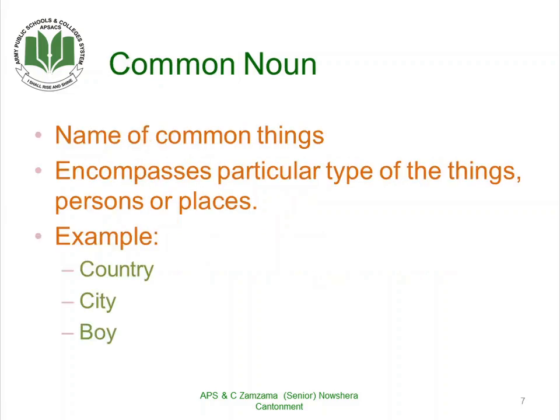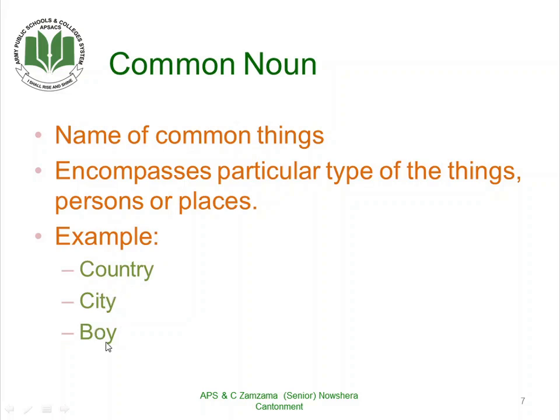Now come towards the common noun, the second one. It is just the name of very common things all around us. It encompasses a particular type of things, persons or places. For example, country. Now it's not specific.